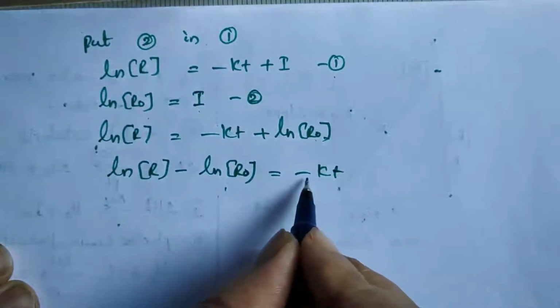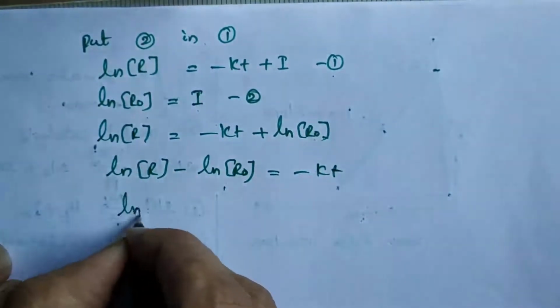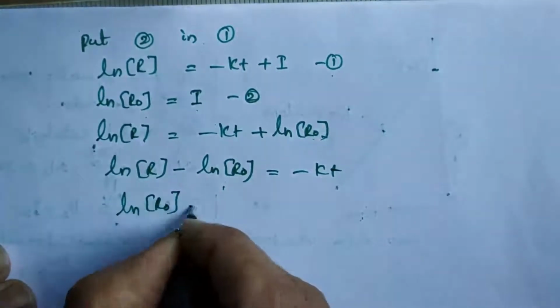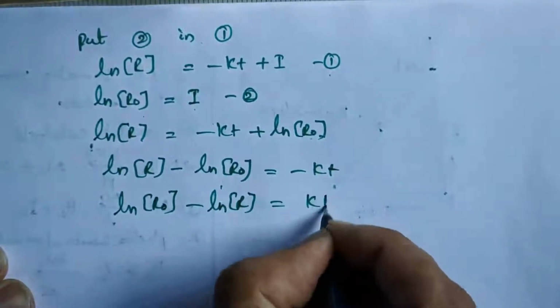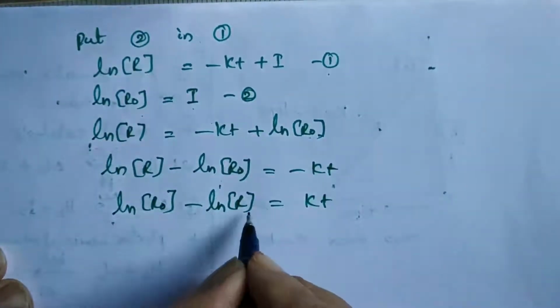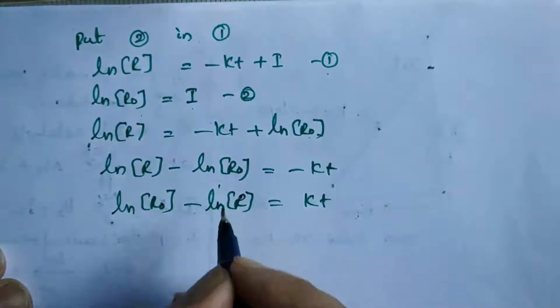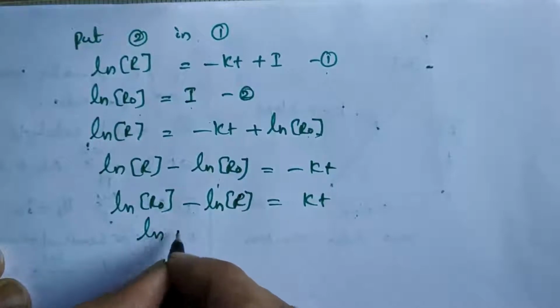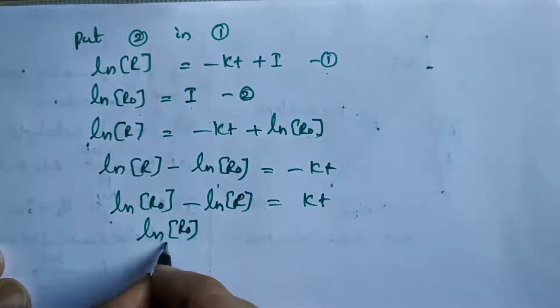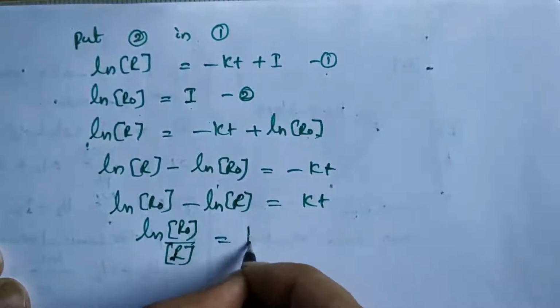By removing the negative sign, we rearrange this equation as ln R0 minus ln R is equal to kt. Ln R0 minus ln R, that is in the log a minus log b form, so it can be written as log a by b. That means ln R0 divided by R is equal to kt.